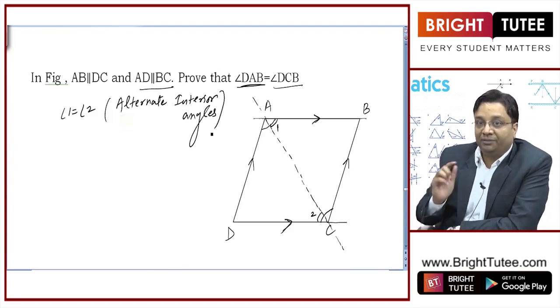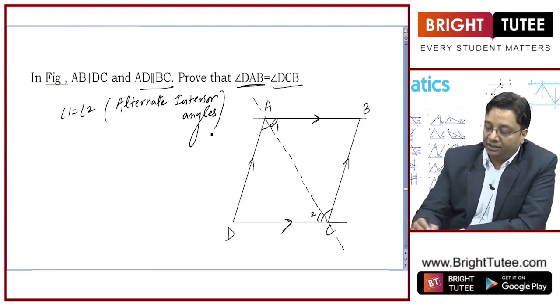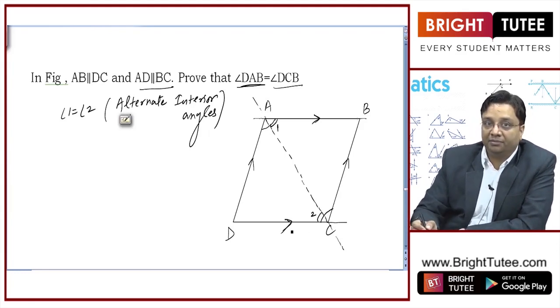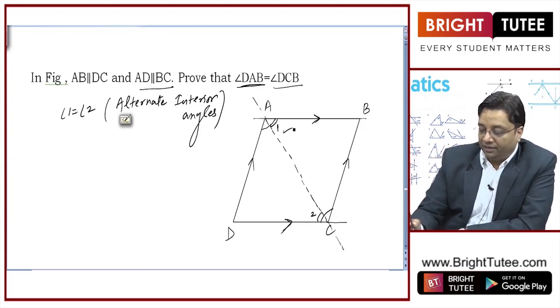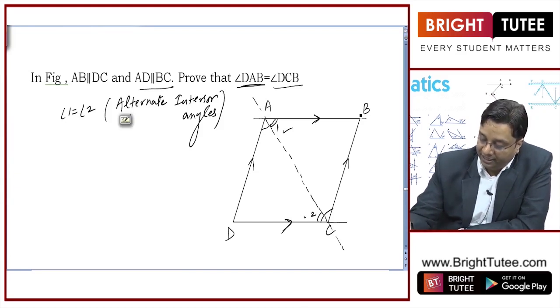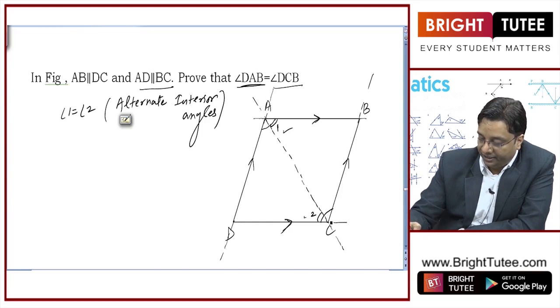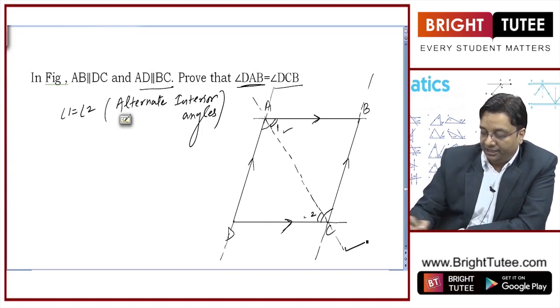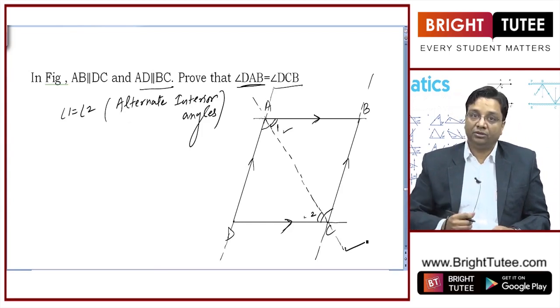Okay, so the first step is to draw AC. Now AC is transversal for AB and CD because these are parallel lines, and AC cuts these parallel lines. So angle 1 is equal to angle 2 because these are alternate interior. Now let us look at these lines, AD and CB. So this line AC is acting as transversal for AD and BC also.